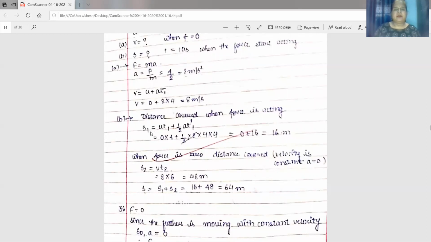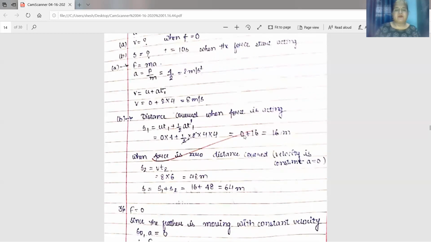Here u is 0, t1 is 4 seconds. So 0 into 4 plus half, a is 2 and t1 square is 4 into 4. Here the half and 2 will get cancelled. You are getting 0 into 4, 0, and 4 into 4, 16. So 0 plus 16, it is 16 meter.